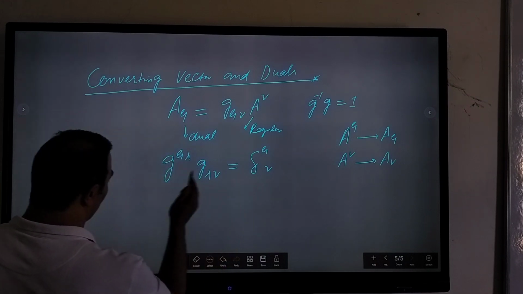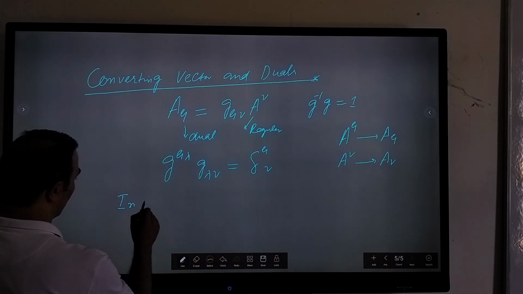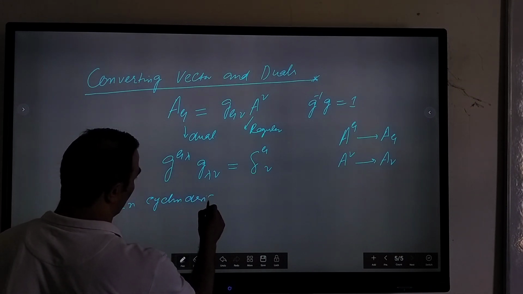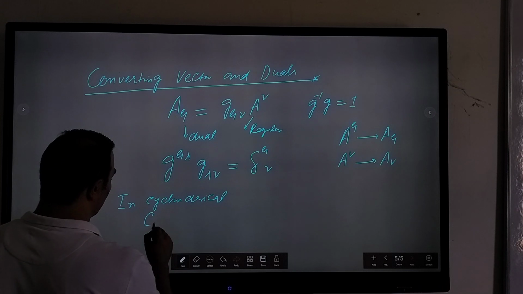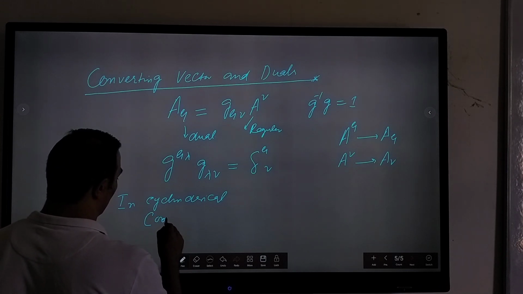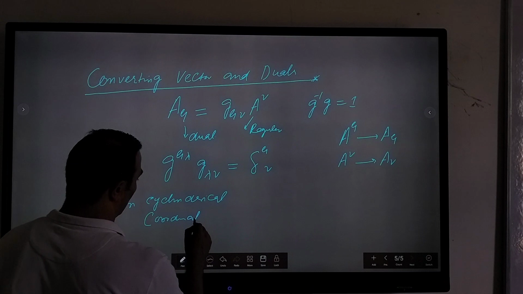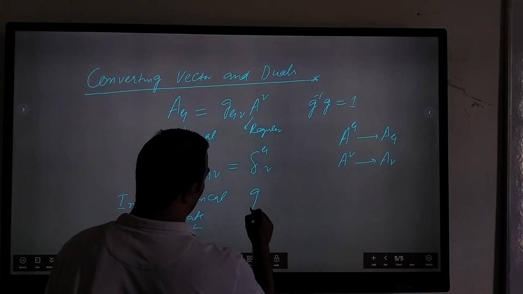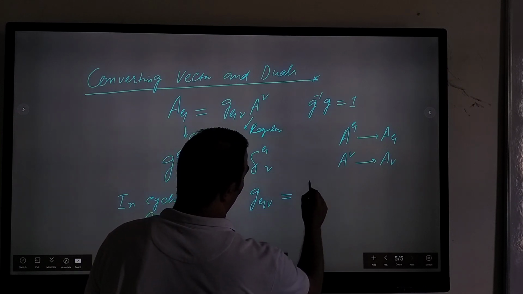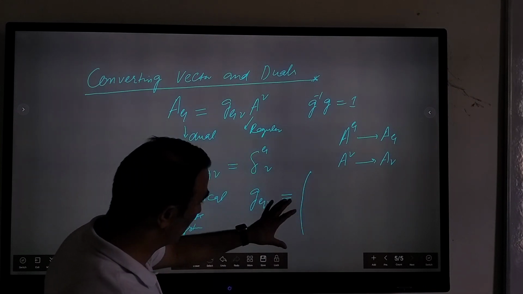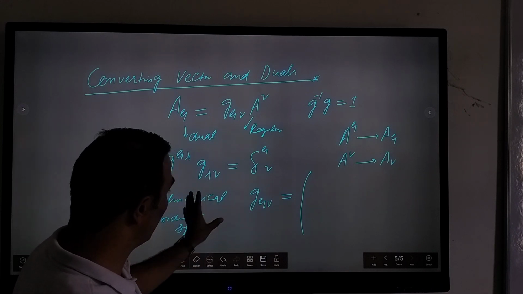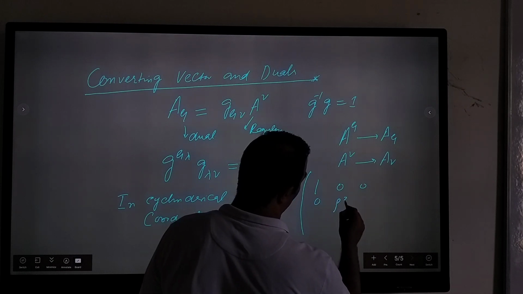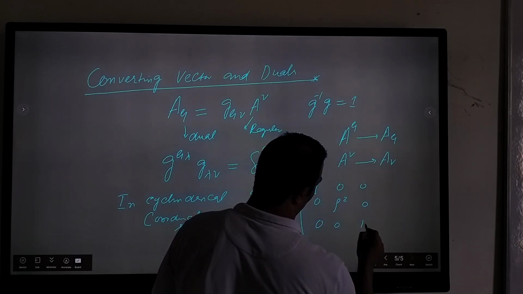So suppose in cylindrical coordinates, if you talk about the inverse of the matrix in the cylindrical coordinate system, let me consider my matrix G_μν. So if we know the matrix that we take in the cylindrical coordinate system, that is 1 0 0, 0 rho square 0, and 0.